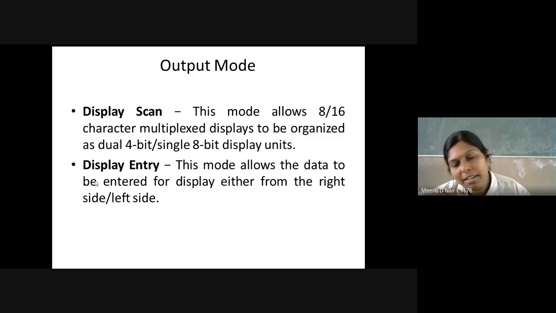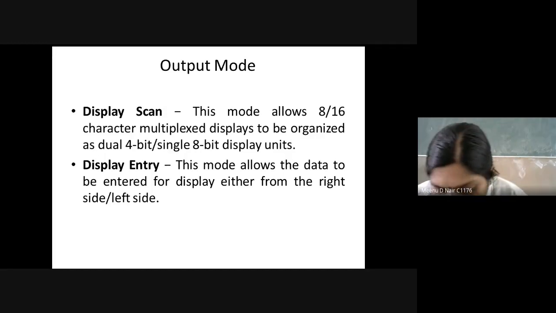The data received from the keyboard scan is given to the display unit. That is display scan. Then display entry: data to be entered for display either from the right side or left side.